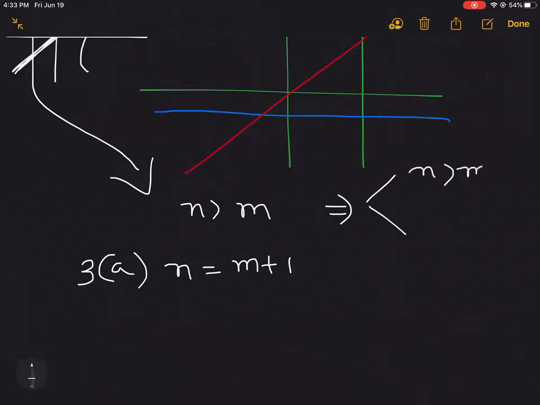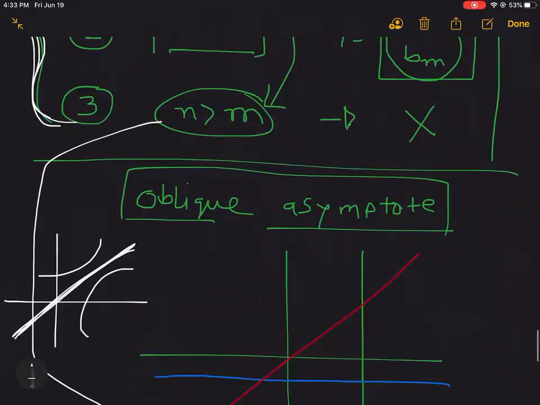N greater than m plus 1 and n greater than m plus 2 or more. We can actually subdivide it into two parts. So for n greater than m, we do not have any horizontal asymptotes. Yeah, we can say that.